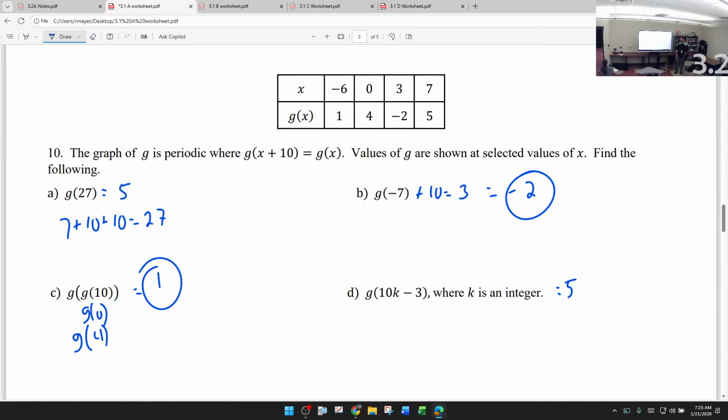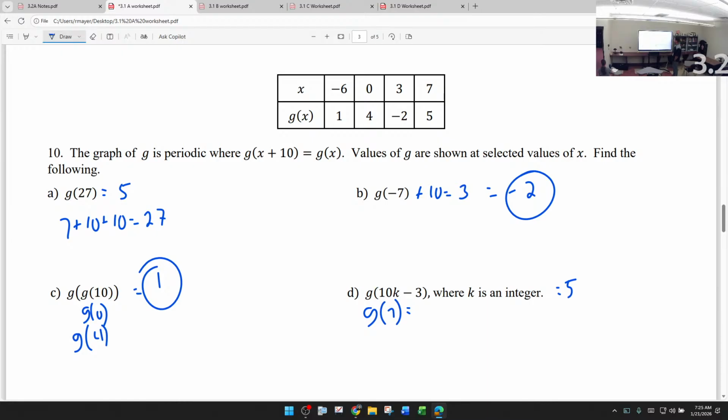If K is 1, then I'll be at G of 7. G of 7 has to be 5, and it doesn't matter what K is because I'm adding 10 to it. Easy peasy lemon squeezy. Yes, sir.